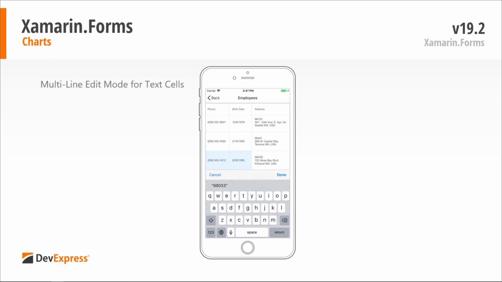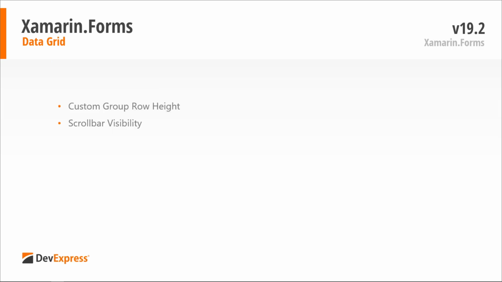So if you're actually working inside a cell, you've got full support now for being able to use multi-line editing in the display mode. We've also got custom group row heights, so you can specify the height property of group rows, and you've got the ability to turn on or off the scroll bar visibility for both horizontal and vertical.